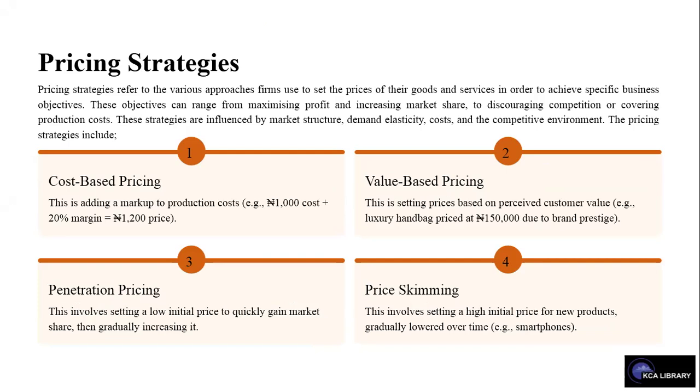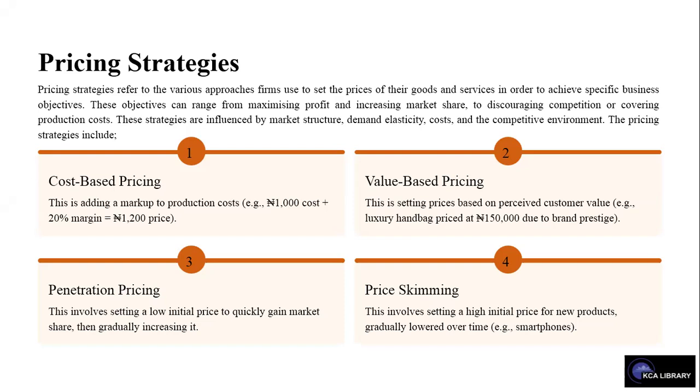An example is having a 1,000 naira cost and adding a 20% margin to it, which makes it 1,200 naira as a price. And for the value-based pricing, this is setting price based on perceived customer value. An example is luxury handbag priced at 150,000 due to brand prestige.